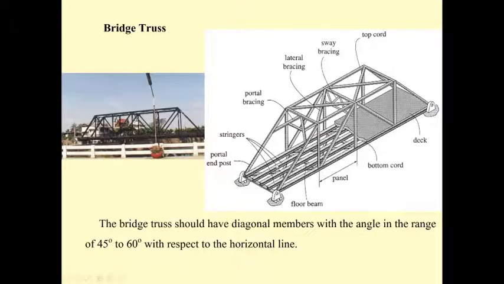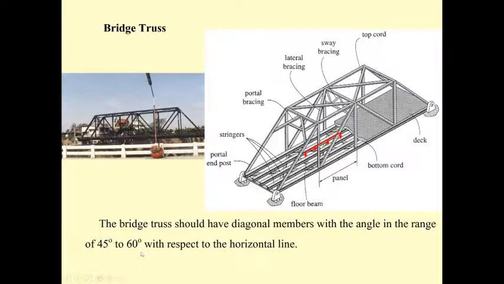And we should note that the diagonal members of the truss should have an angle of 45 degrees to 60 degrees, which is a good practice to make the truss strong and stable.